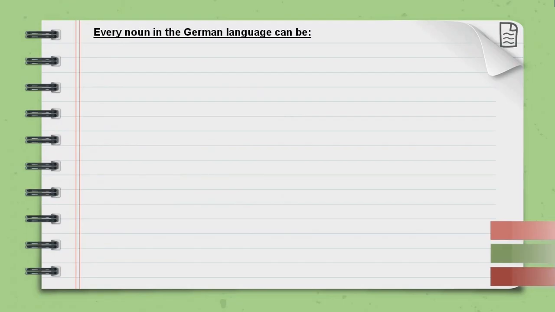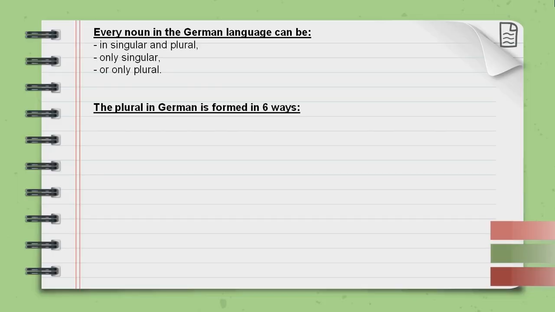Every noun in the German language can be in singular or in plural. Also, it can be only singular or only plural. The plural in German is formed in six ways, and a seventh additional. Five standard types of plural formation, one type for exceptions.